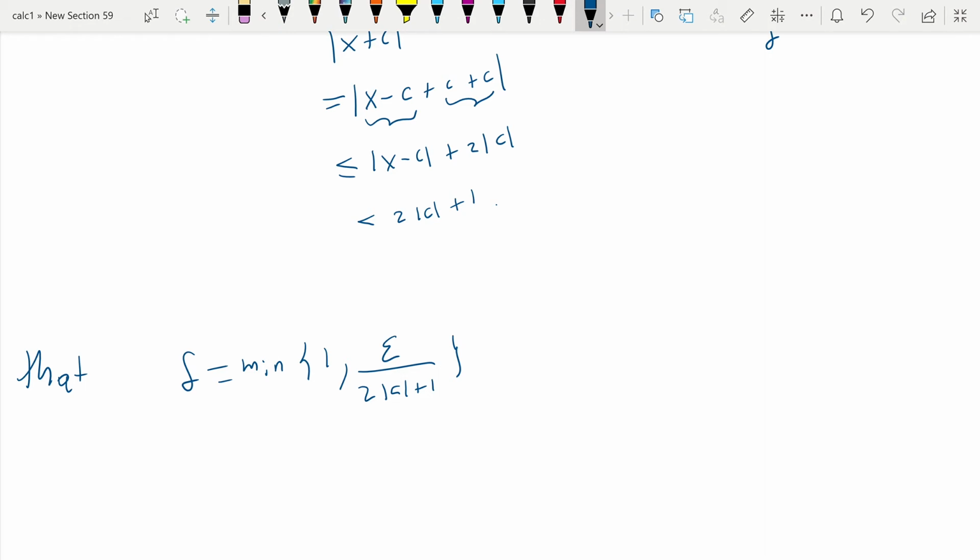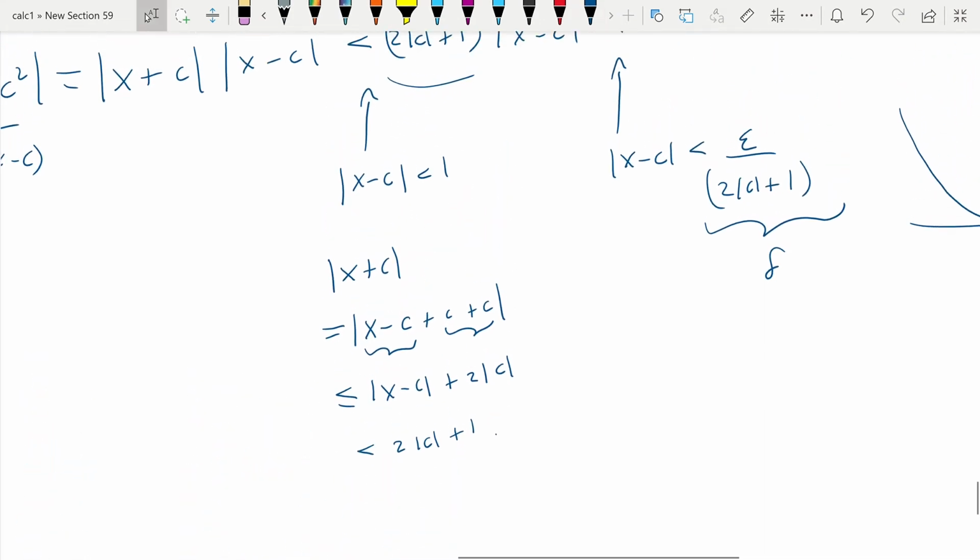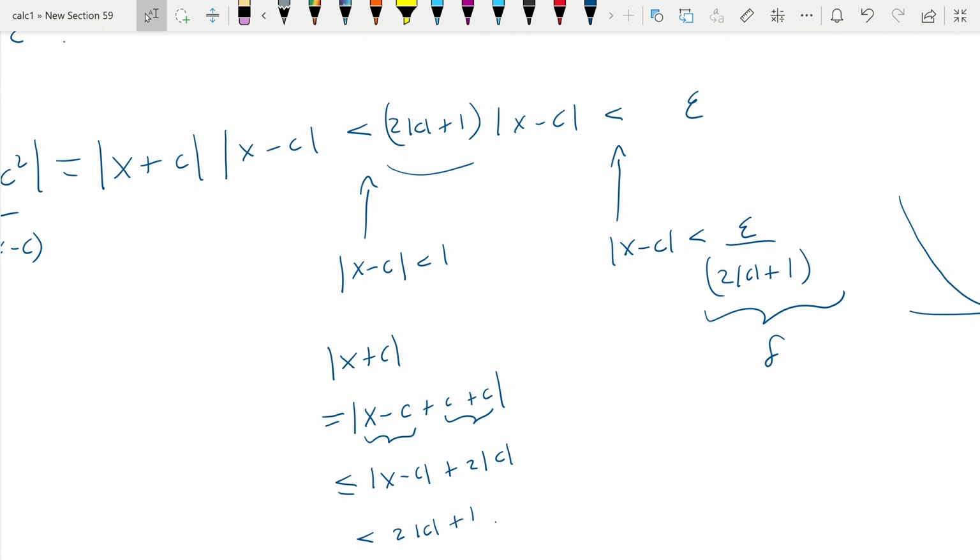So usually in the linear case, we only had one condition. Whenever you were dealing with nonlinear functions, it is often the case that, in order to bound things, you will need to make different assumptions on the smallness of the distance between x and the point c.